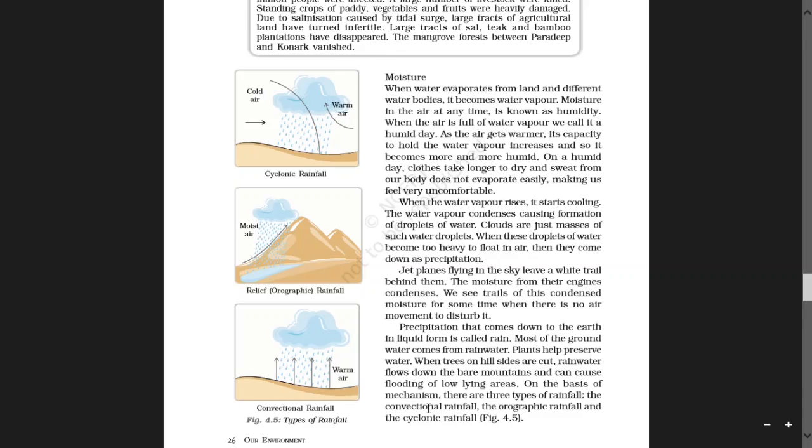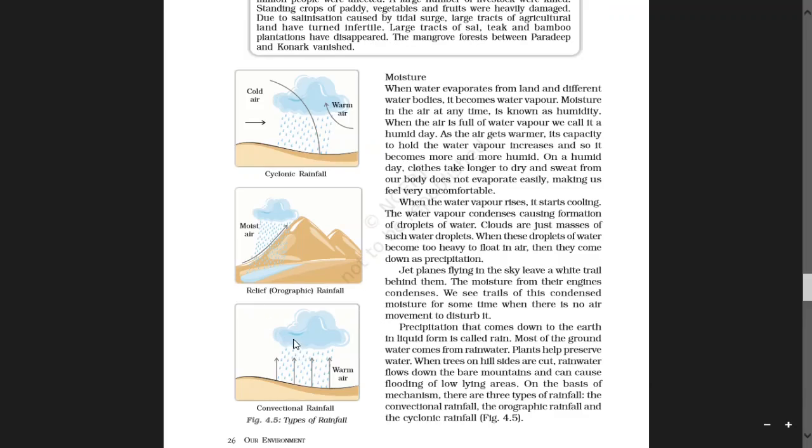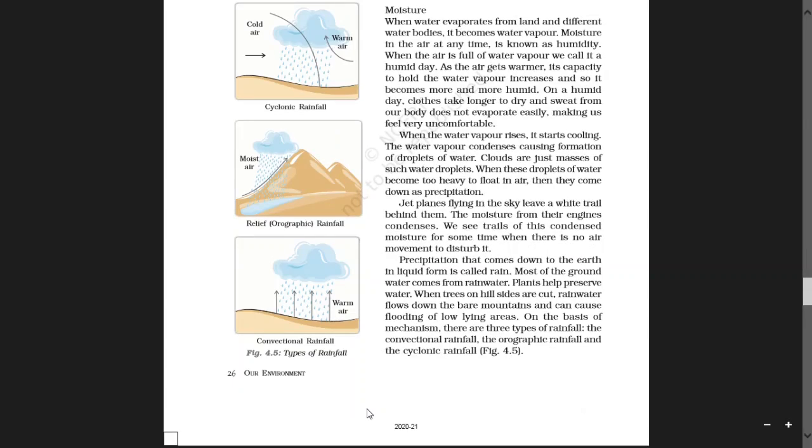The diagram is also given, figure 4.5, as I told you earlier. You have to know how to draw this diagram very beautifully.